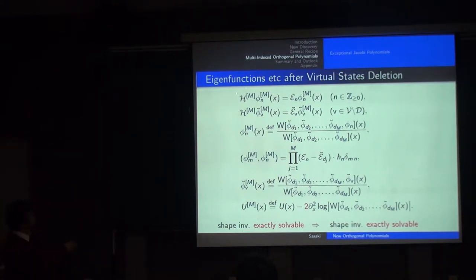And this new Hamiltonian, the potential, is just obtained from the old potential by taking the logarithmic derivative of the Wronskian in the denominator, second derivative times 2. So these are exactly solvable, and the eigenfunctions are given there.